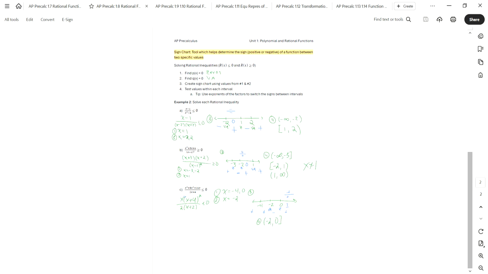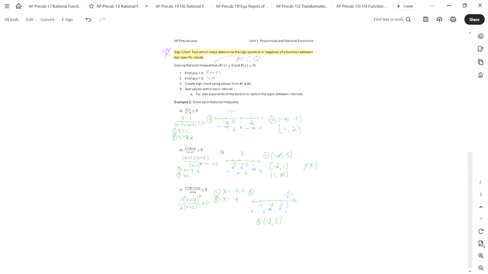Inequalities, sign charts, obviously we've seen that is a very important tool. And remember, inequalities show up in multiple choice questions, using those sign charts, using zeros, using vertical asymptotes.